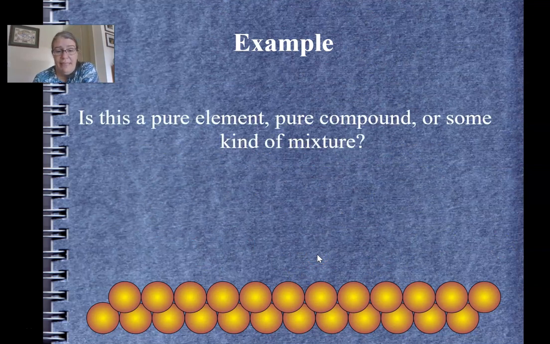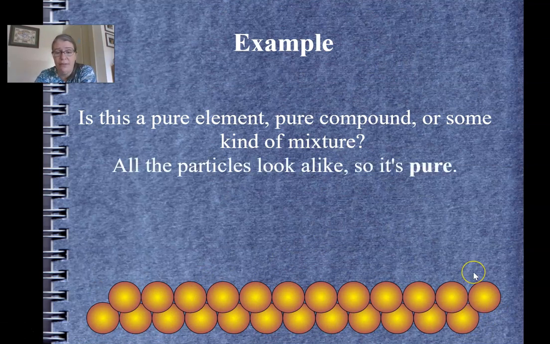So now, let's think, is this a pure substance, an element or a compound, or is it a mixture, a heterogeneous or homogeneous mixture? Well, I look at all these little particles down here, and all these little particles are the same. They are the same size, they are the same color. So that tells me it must be a pure substance.